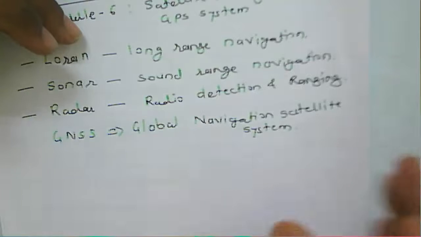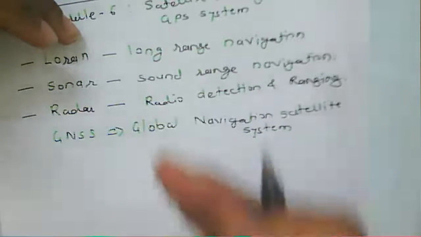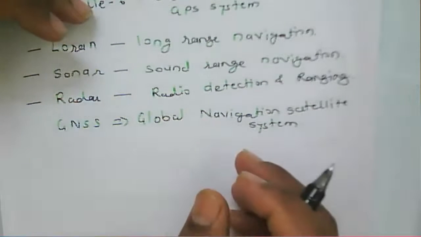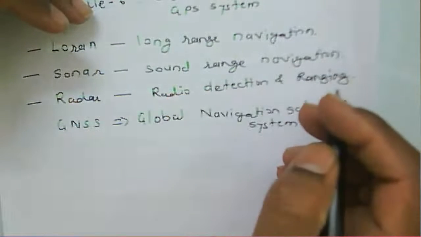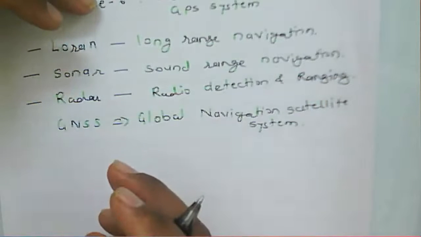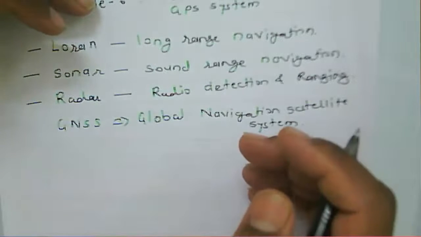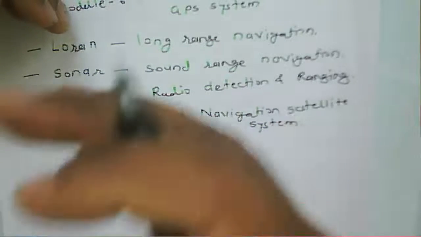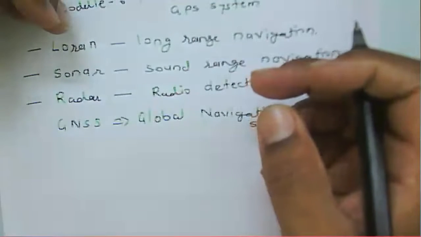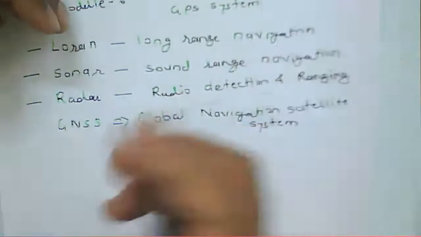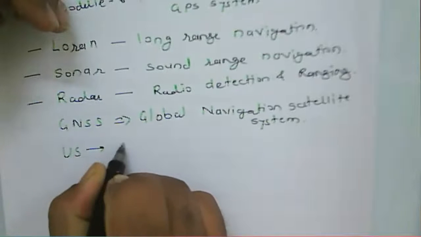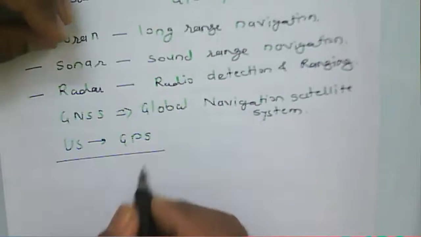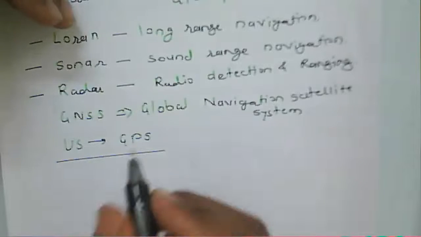Now, there are various navigation systems that were developed or designed in the world, and people are using various navigation systems, and each country has its specific navigation system. For example, if we take the US, they started the global positioning system, that is GPS.